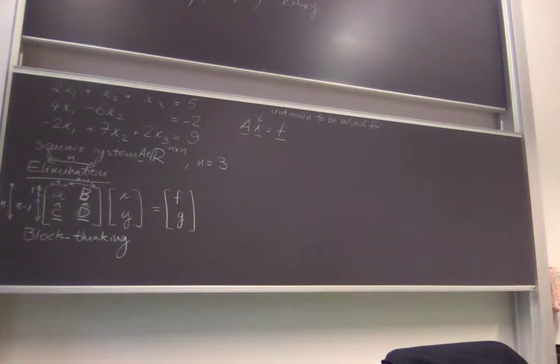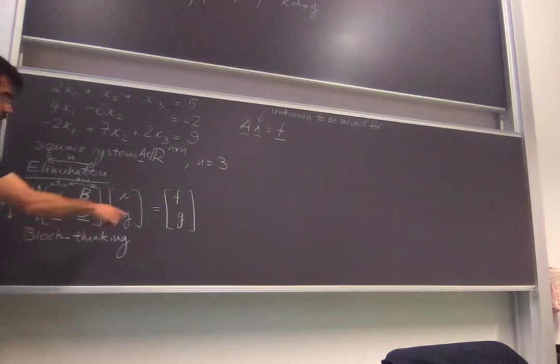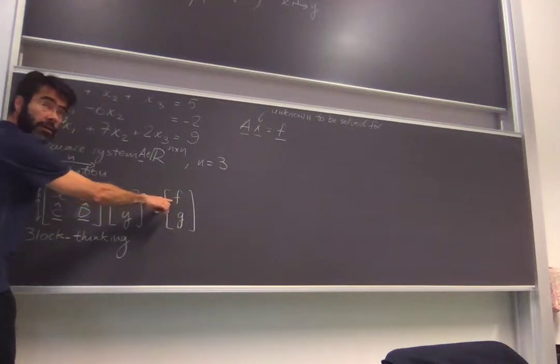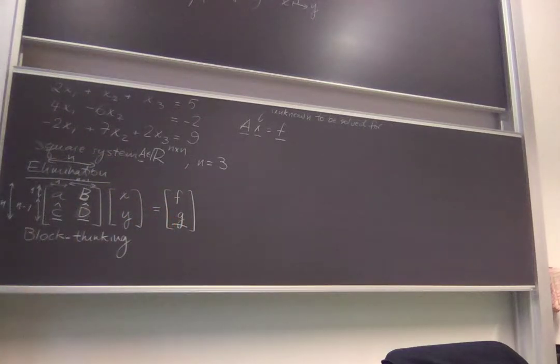I always say vectors for columns. Rows are also known as covectors, but many times we just say row. Same thing here. So F and G, this should be a scalar, and this one here is a column. How long is the column there? It's n minus 1.